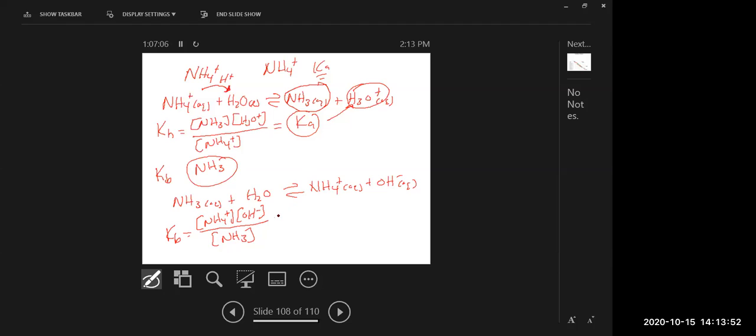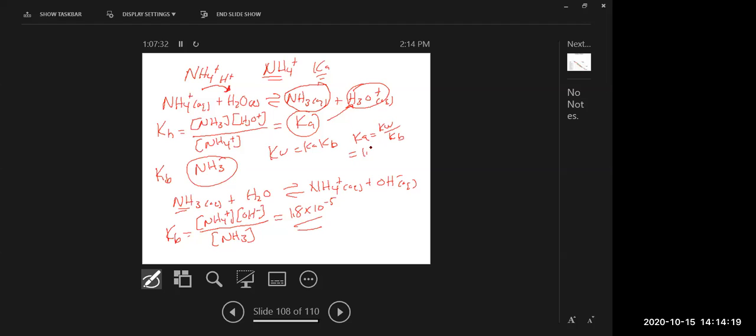And this Kb value, which is like 1.8 times 10 to the minus 5, you can find on the table, although you might not be able to find a Ka value for that. This is the correct value that you should use with Kw equals Ka times Kb, where our Ka value would be Kw divided by Kb.